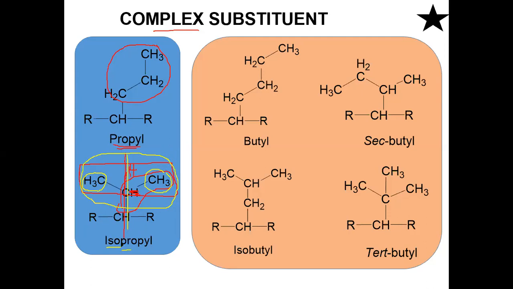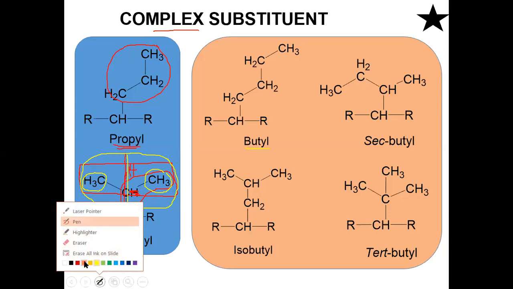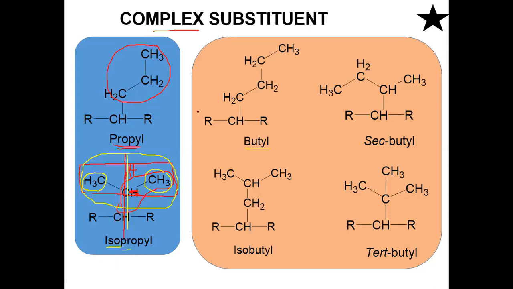Is an isopropyl. Okay. So for example, for butyl, okay, butyl tak ada masalah, because let's say this is your parent chain. Okay. So you have 1, 2, 3, 4. 1, 2, 3, 4. Okay. 4 straight substituent, straight chain substituent.